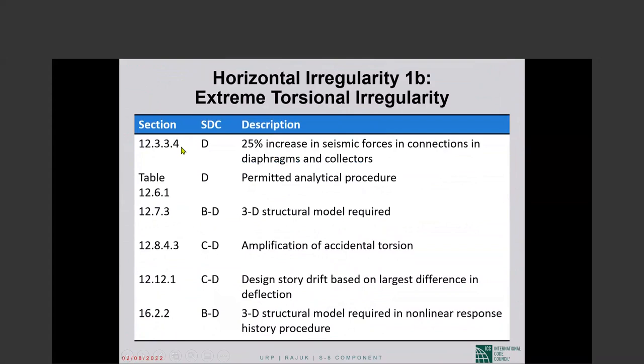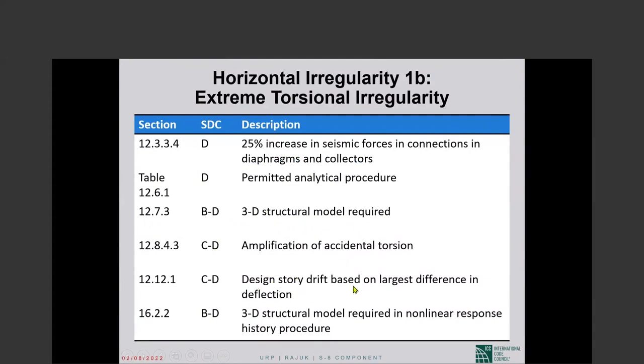So we looked at the 25% increase, the permitted analytical procedure, 3D structural model required. There is nothing to elaborate on that. If you have torsion, you need a 3D model. 2D simply doesn't do it. And that should be kind of intuitive. Amplification of accidental torsion, we talked about.